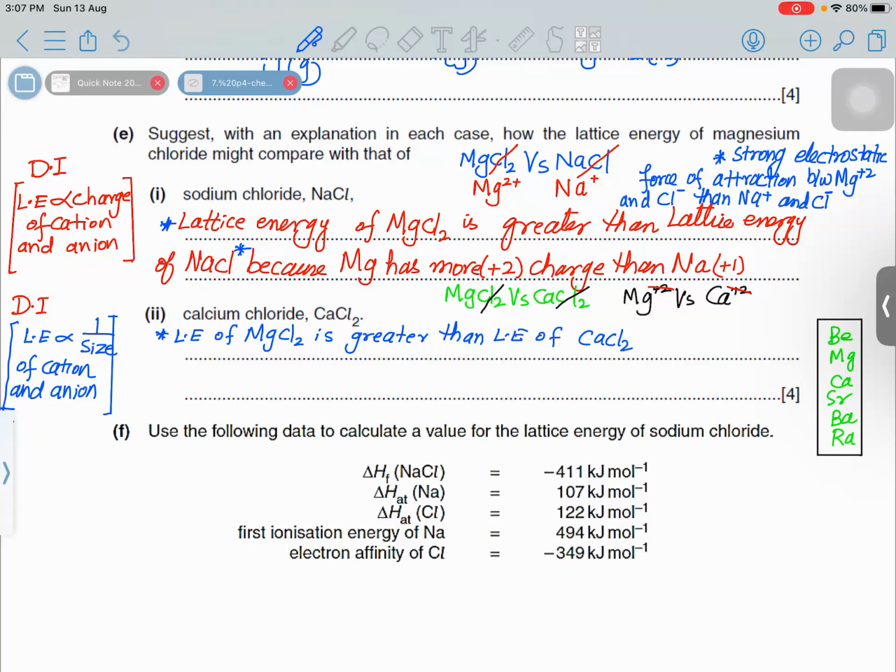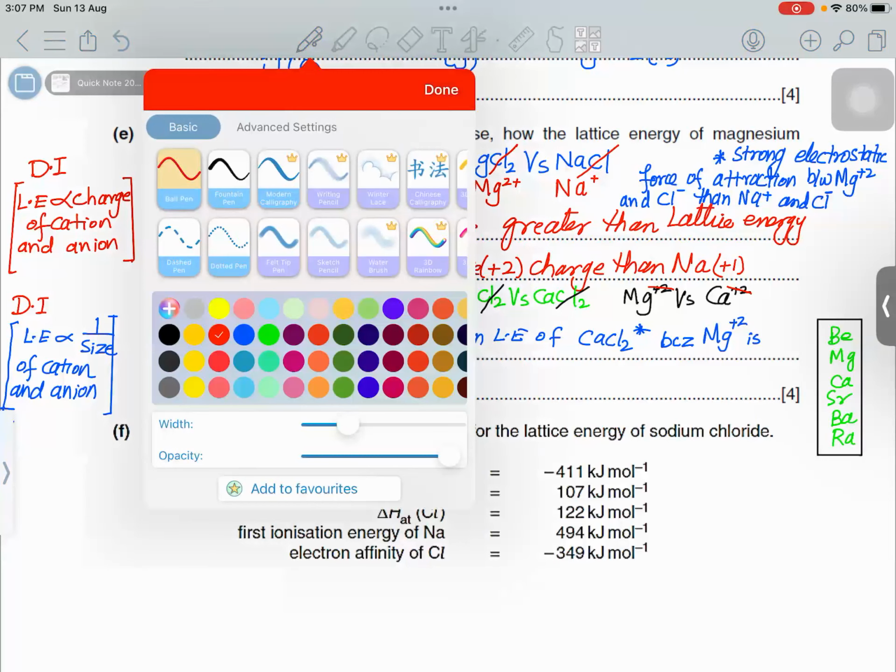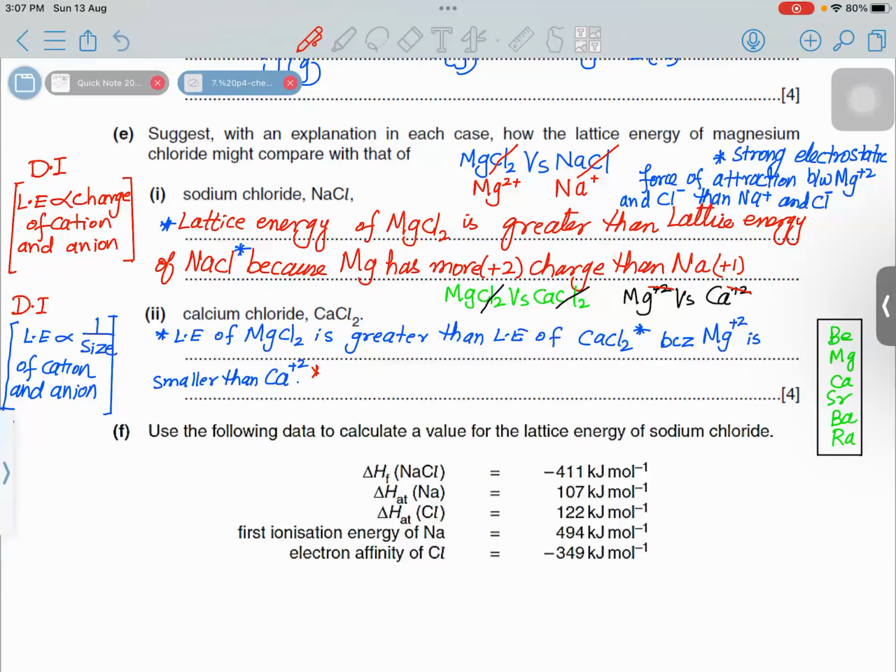Why? Second mark, because magnesium plus 2 is smaller than Ca plus 2. For 3 marks, you have to write this point.